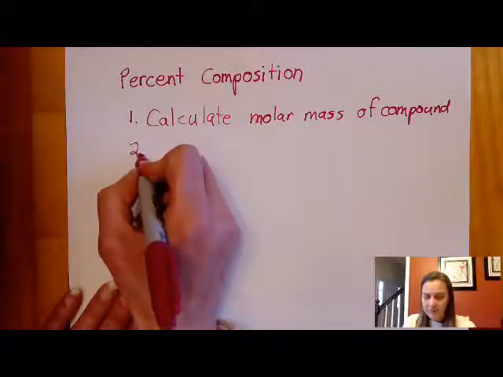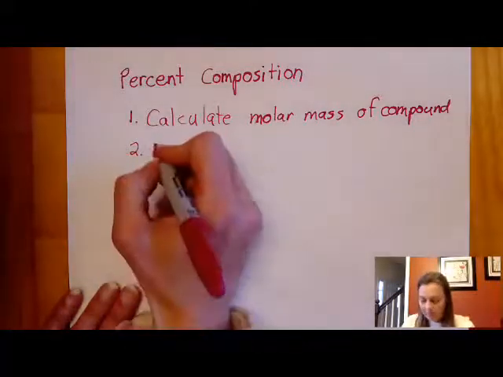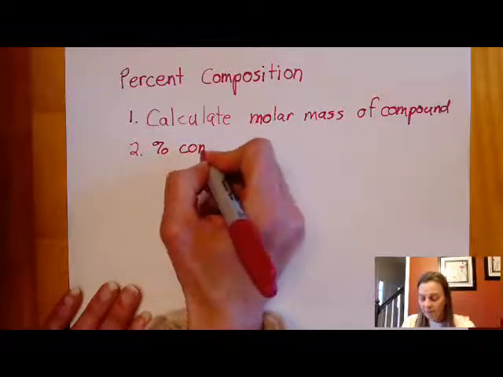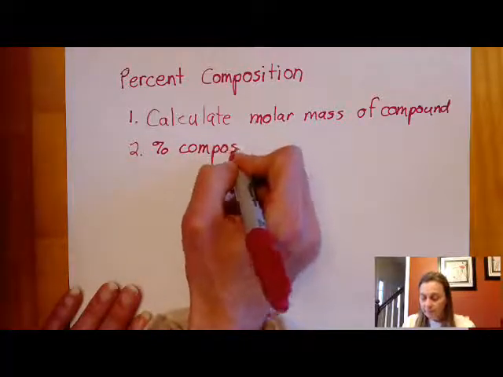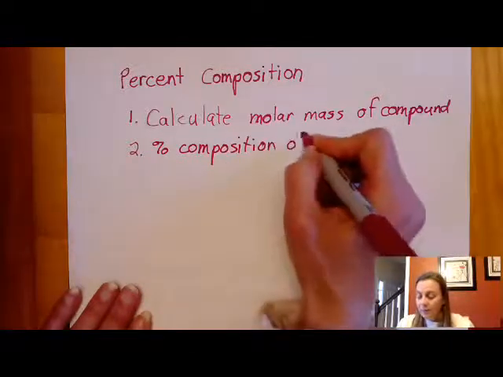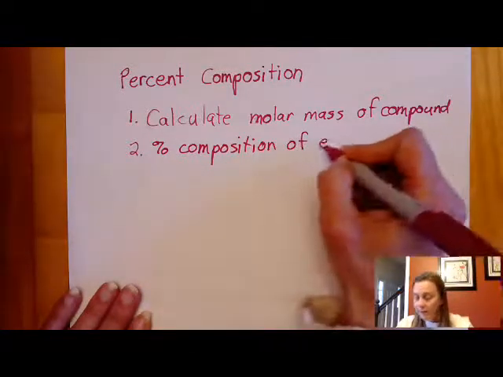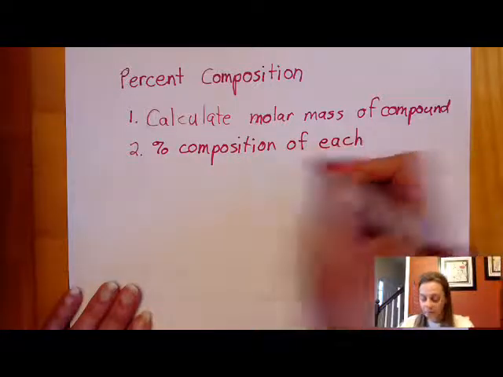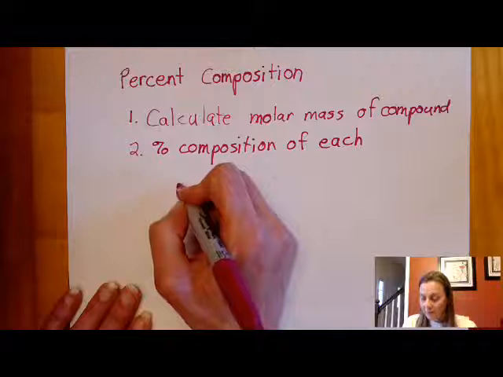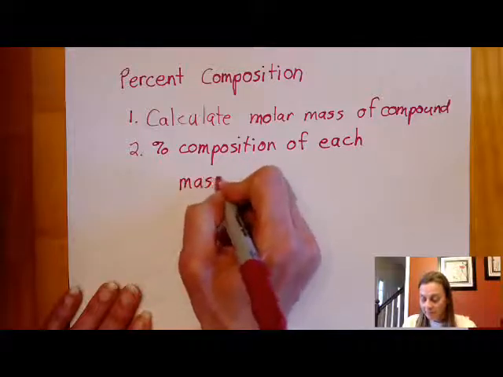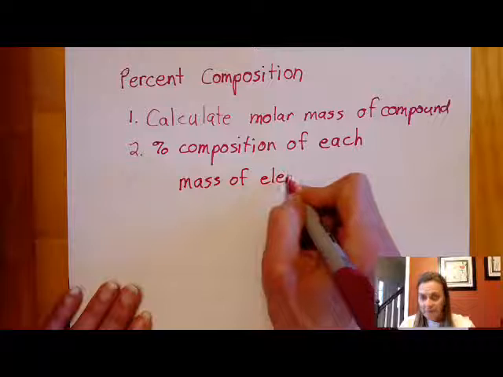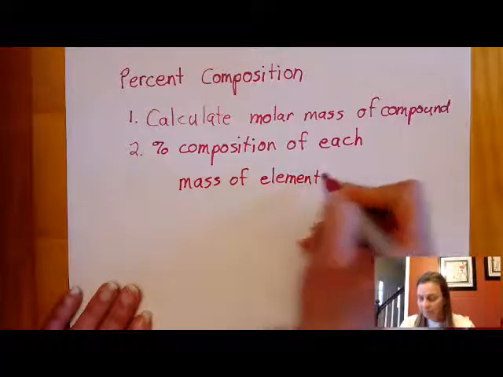And then our second step is to calculate the percent composition of each element. How we're going to do that is we are going to take the molar mass of the element, so the mass of the element, and multiply it by its subscript if it has one.